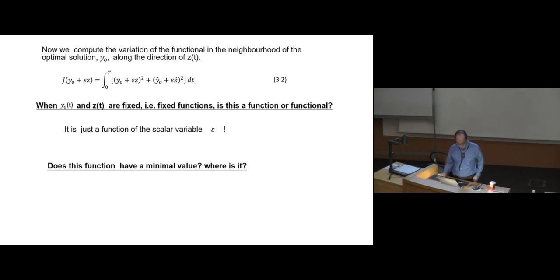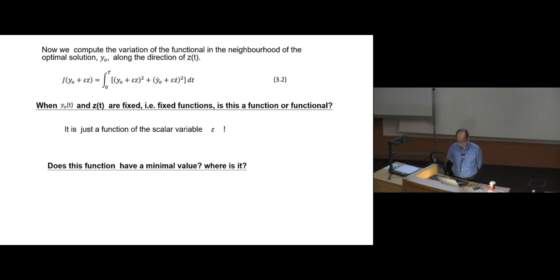Is that clear? Because when epsilon is 0, this has the minimum value because y naught is the minimum solution to that integral, right? For any non-zero epsilon, it is not y naught, right? So therefore, the value will be bigger, okay?